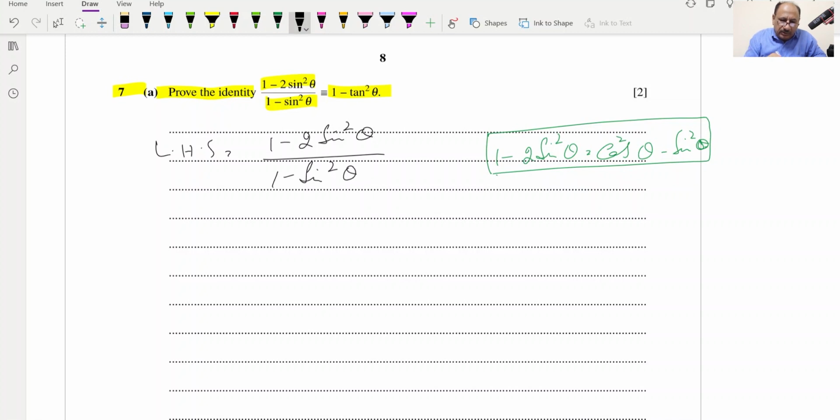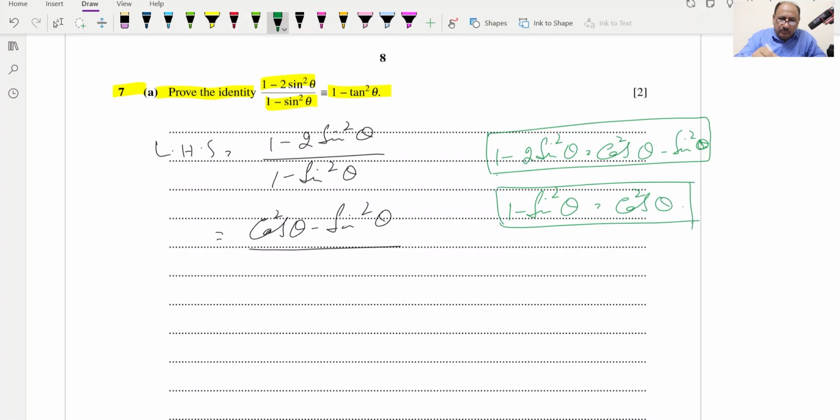the numerator, and we can write it as cos squared theta minus sine squared theta, and this will be divided by the denominator. Also we know 1 minus sine squared theta is equal to cos squared theta, and this formula will be applied for the denominator, so we write here cos squared theta.